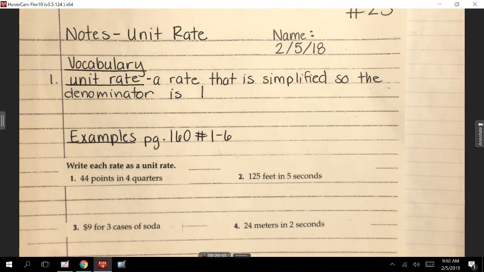So unit rate just means, hey, it's a rate, we're going to have our measurement, but unit rate means, okay, I've got my measurement, but I also need my denominator, my bottom number, to be a 1. That's really the only thing that's different about this.